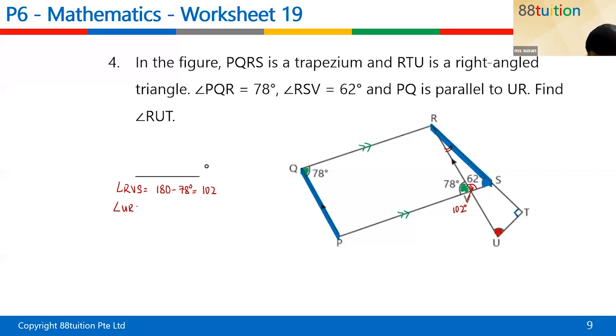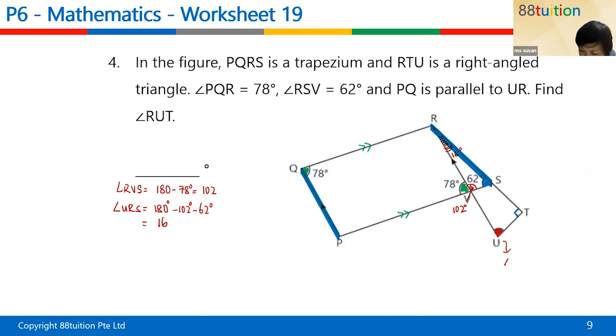So angle URS is equal to 180 minus 102 degree minus 62 degree, because of the triangle. Okay, so 180 minus 102 minus 62, you get 16 degree here. So the 16 degree is meant for this portion. Then you will be able to use this because you have a right angle here.